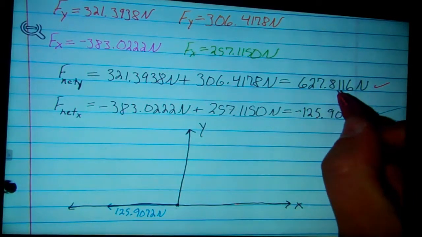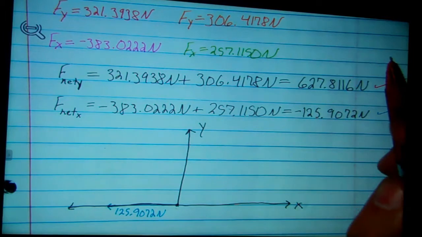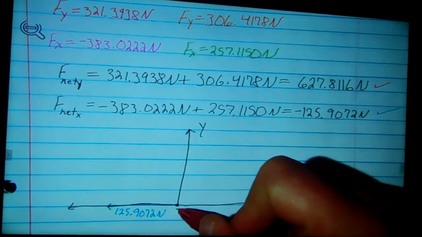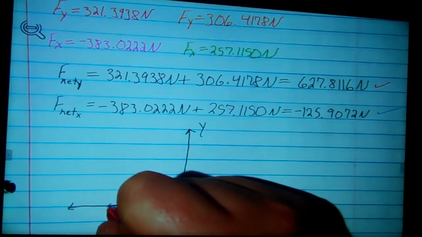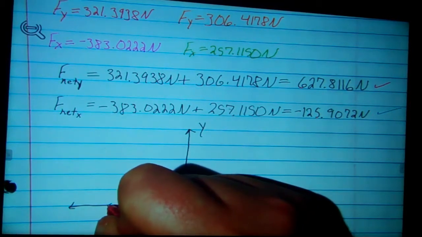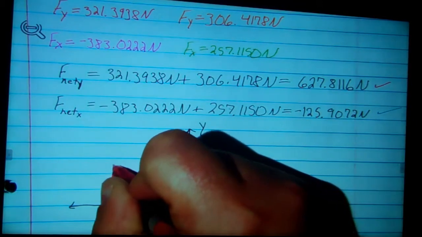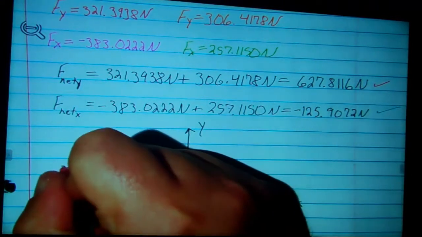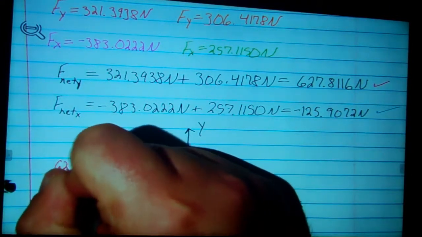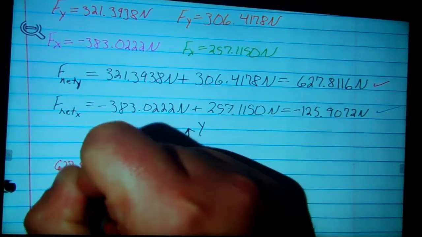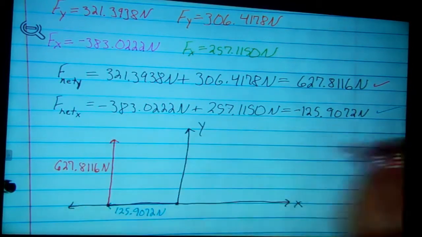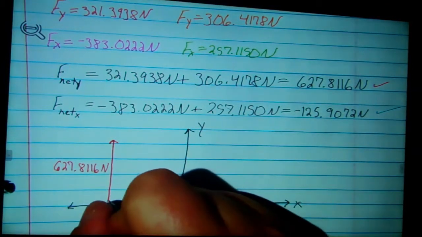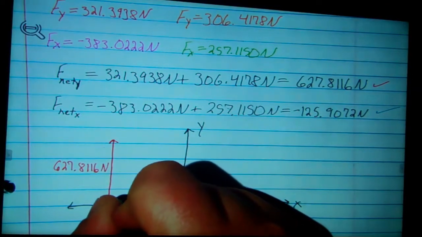Then 627.8116 newtons goes up. I'm going to use the head-to-tail method, so I go to the tip and I'm going up because it's positive, 627.8116 newtons. Thus, we've made a right angle here.